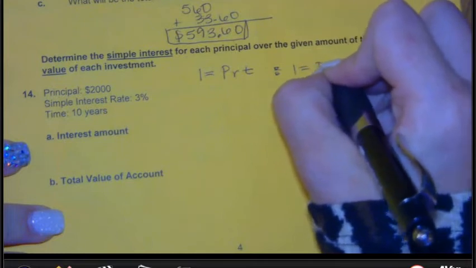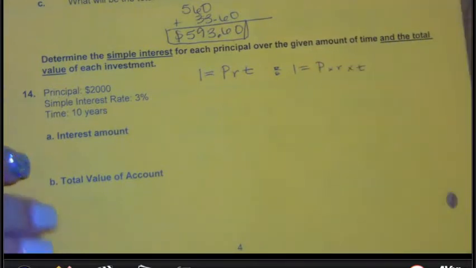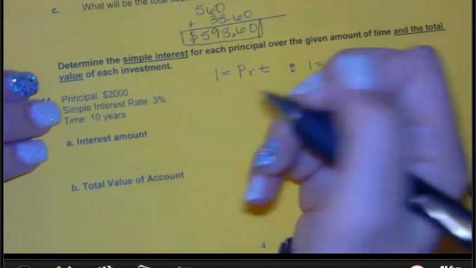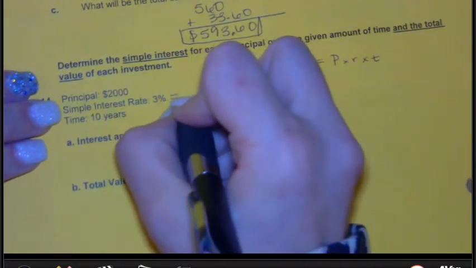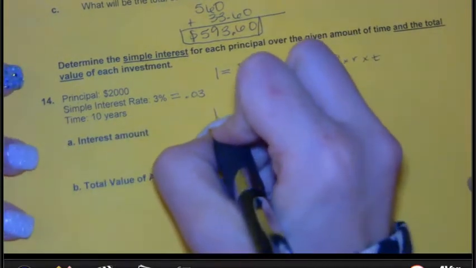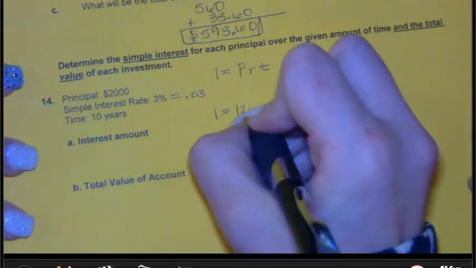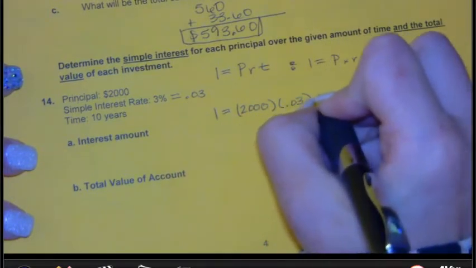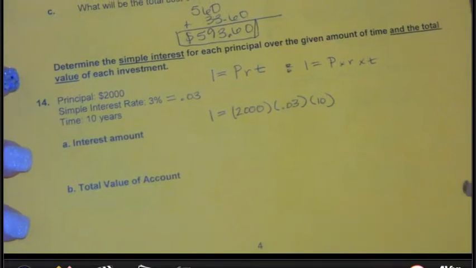So I is equal to P times R times T. Okay, so my principal is 2,000. My simple interest is 3%, which is 0.03 as a decimal, times the 10 years. So I is going to equal 2,000 times 0.03 times 10 years.